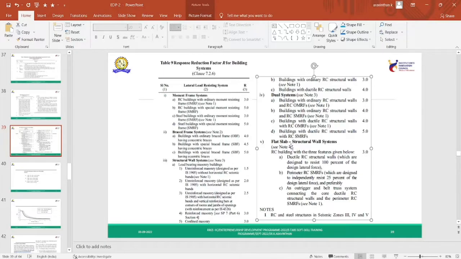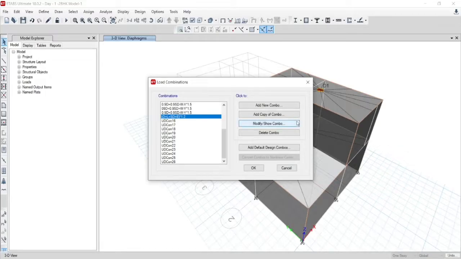When you are doing flat slab, dual system, structural wall, or braced system, you might use a different case for your response reduction factor. But as of now, for a moment frame system in an RC building having a moment resisting frame, you can use R as 3. Now let us check that we have used R as 3.